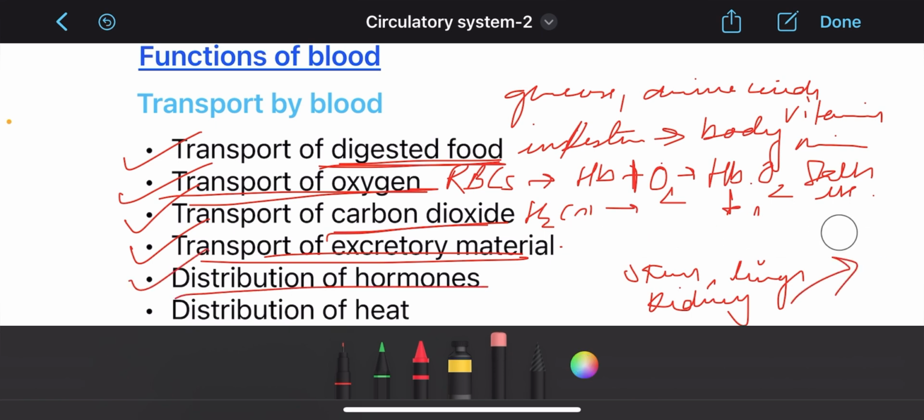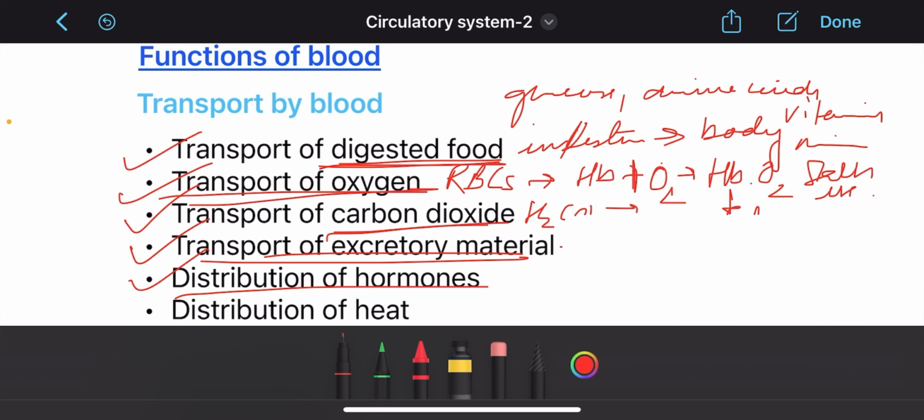There are several endocrine glands in our body which drain their secretions directly into the blood, and from there they reach the target organs, such as the growth hormone, which is released by the thyroid gland and reaches different target organs in our body. Now the distribution of heat. The blood helps in keeping the body temperature uniform by distributing heat.